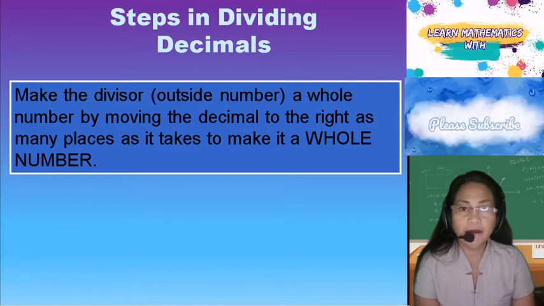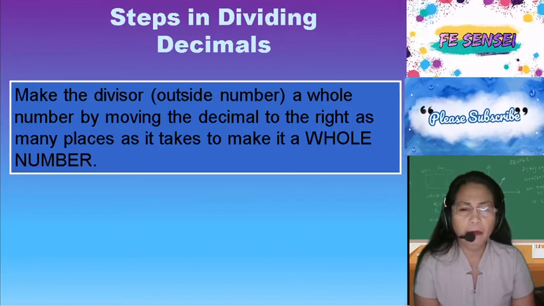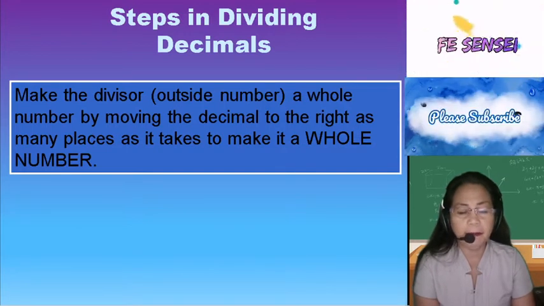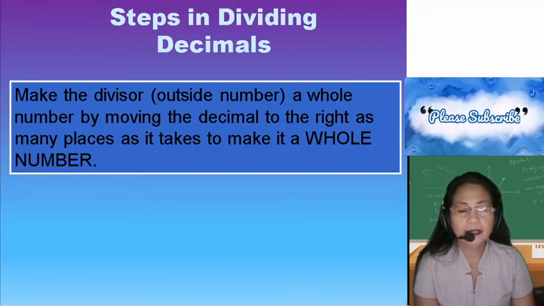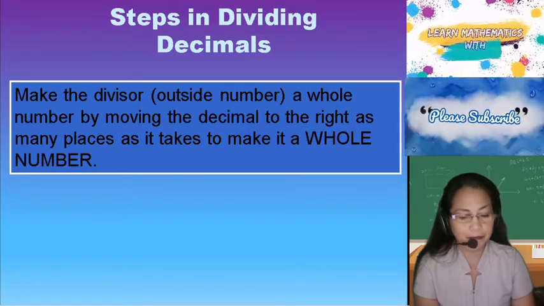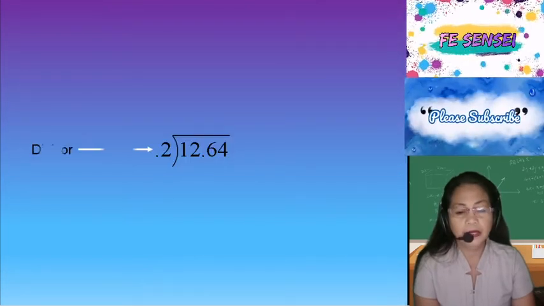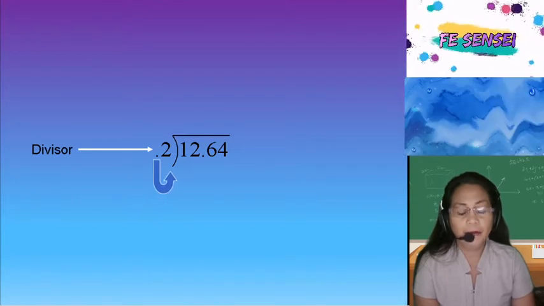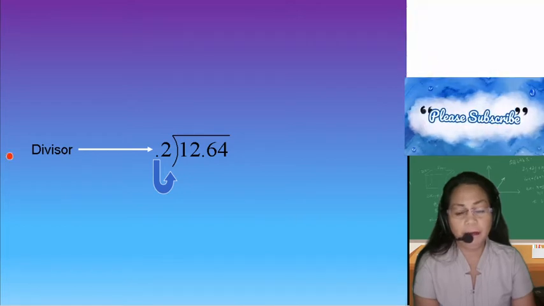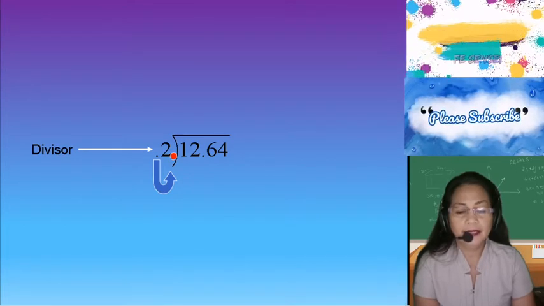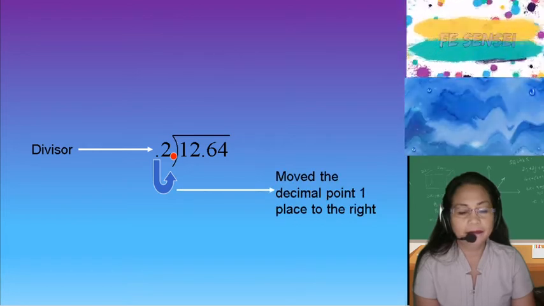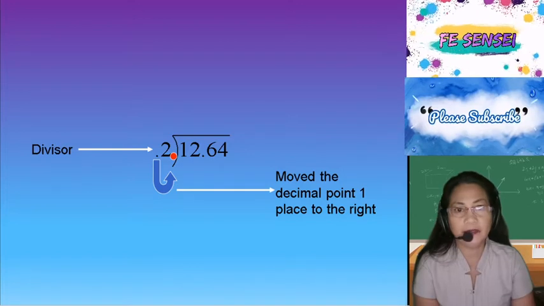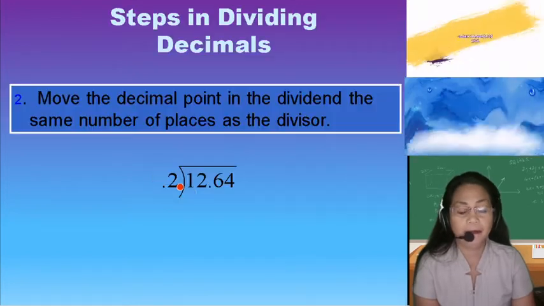So, the divisor is 2 tenths. We had to move the decimal point one place to the right because the number is now a whole number.